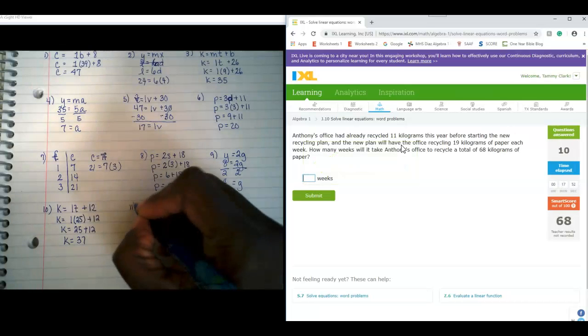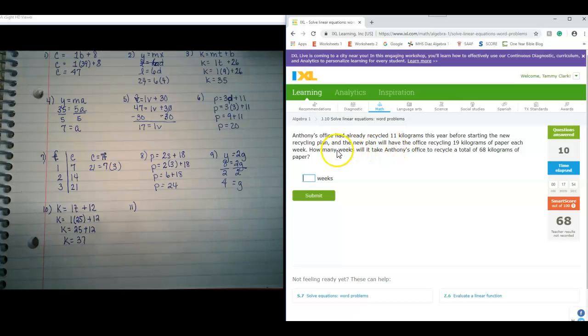Let's look at number 11. Anthony's office had already recycled 11 kilograms this year before starting the new recycling plan. And the new plan will have the office recycling 19 kilograms of paper each week. How many weeks will it take Anthony's office to recycle a total of 68 kilograms of paper?